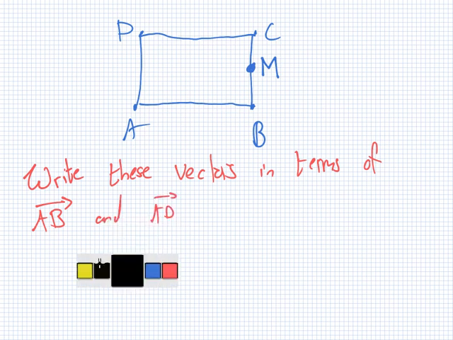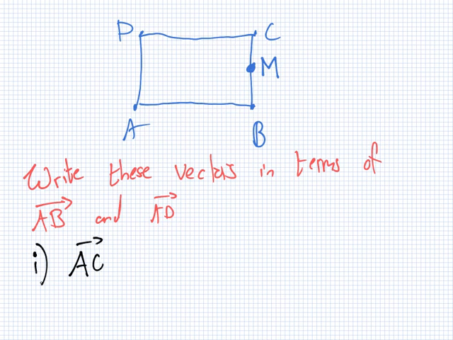So let's start with something like vector AC as our first example. So I want you to write this vector using only AB, AD.